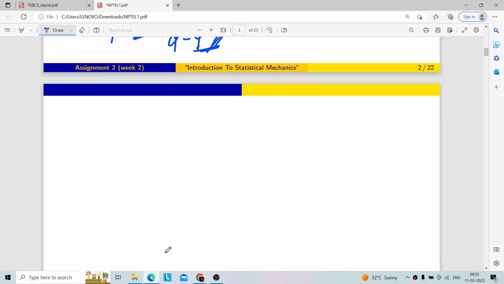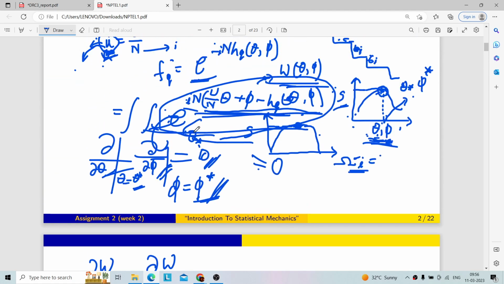So we have to do the derivative of this w function with respect to theta and with respect to phi. This w function we have defined here.